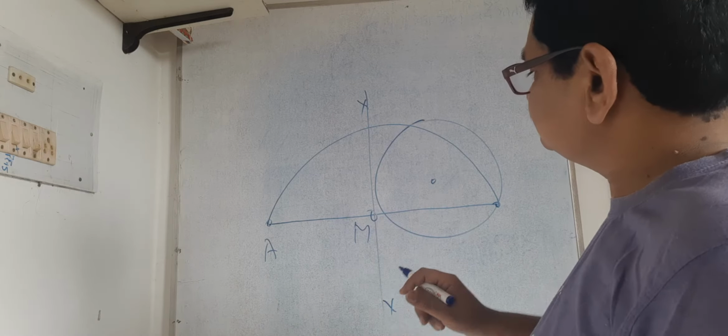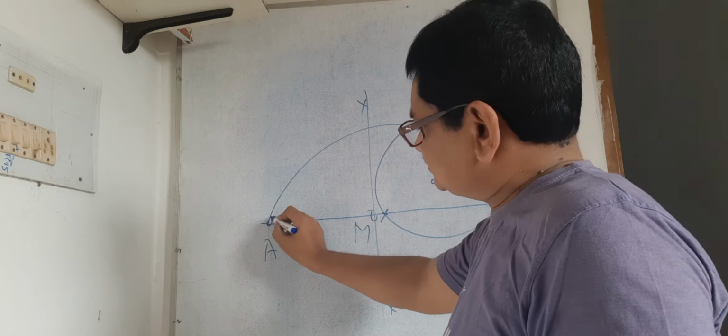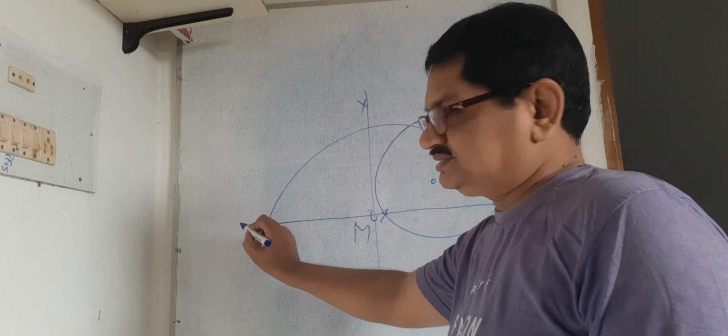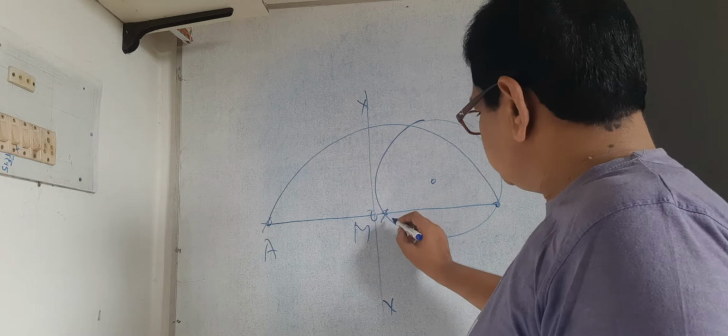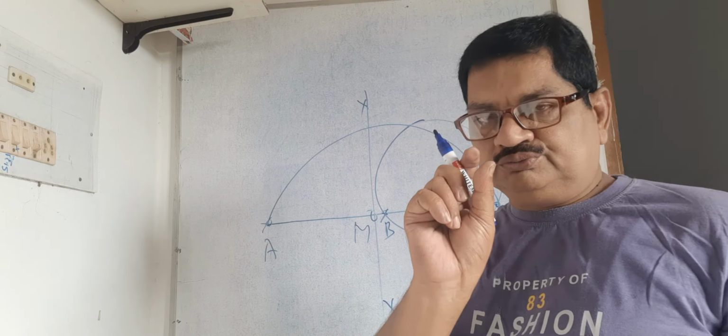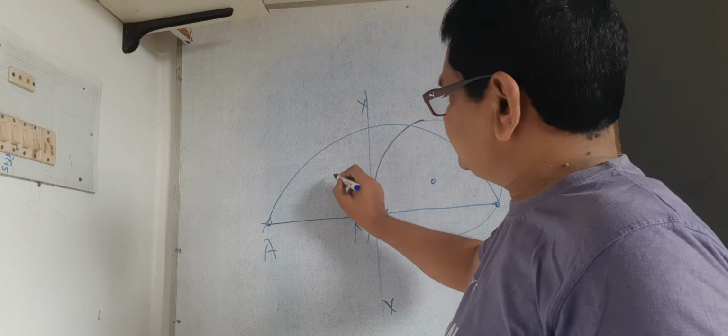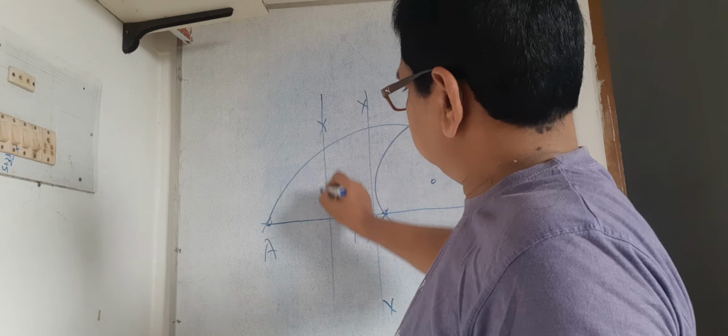And now this distance, you just note this distance, this is also equally important. Suppose this is B. So now we will draw perpendicular bisector of AB, and suppose that comes like this.